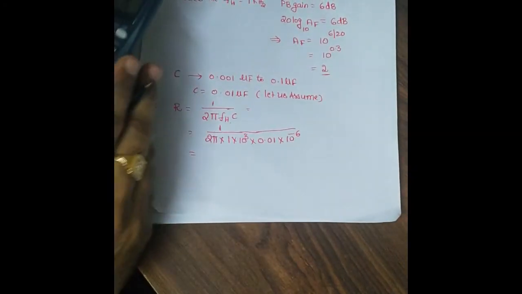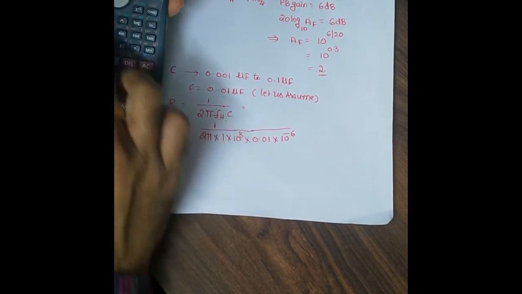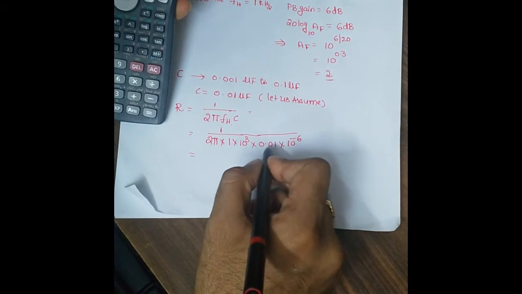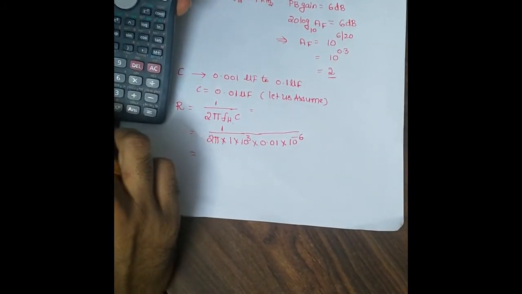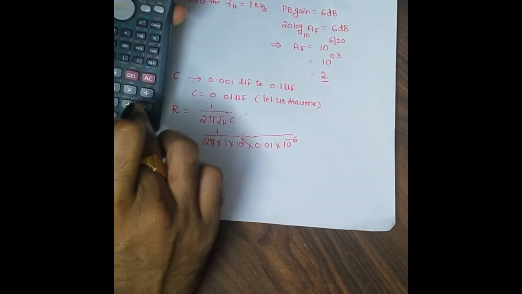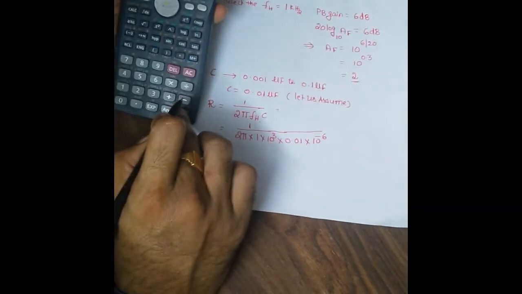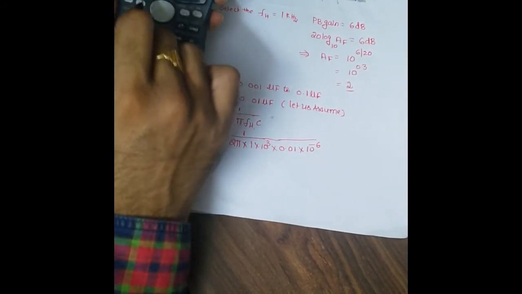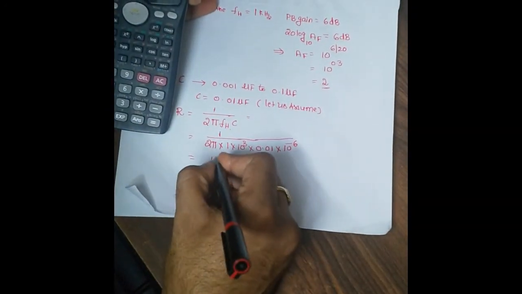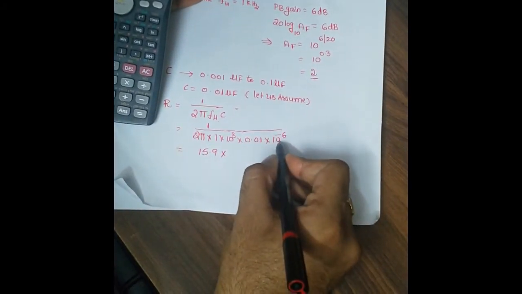Now if we calculate 2 into pi into 0.01, which is equal to 0.06, I applied the x inverse and got 15.9, into 10 cube into 10 power minus 6.